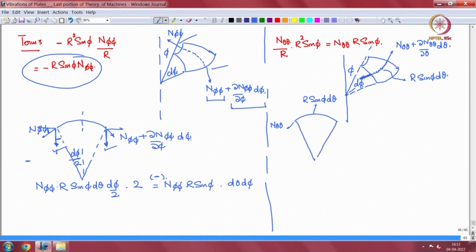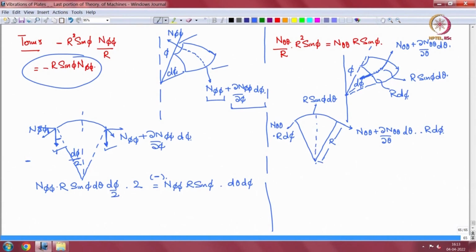Now this is the center and this is the radius. This is the radius and this is the incremented resultant N theta theta plus del N theta theta by del theta d theta. Okay, so they can be made force by multiplying by r d phi. This length is r d phi. So multiply by r d phi. Okay.